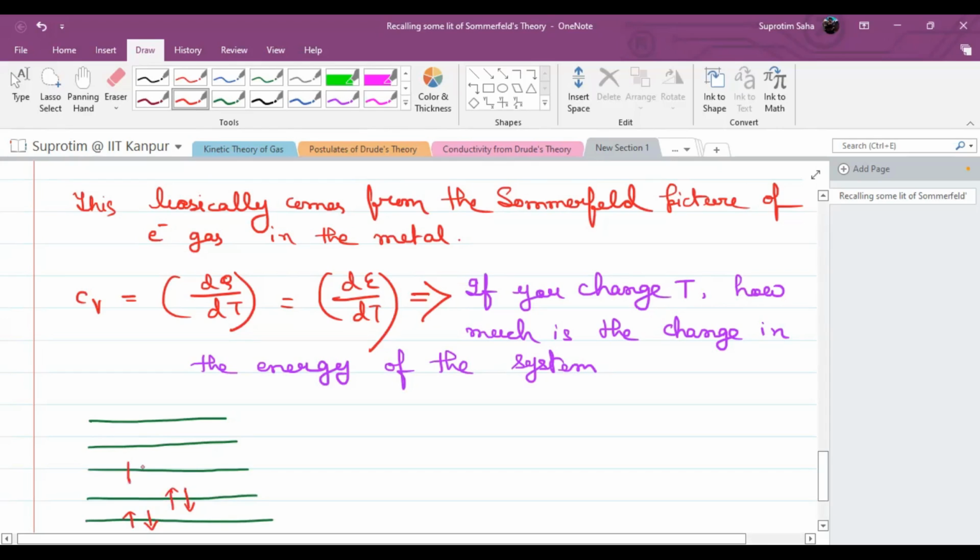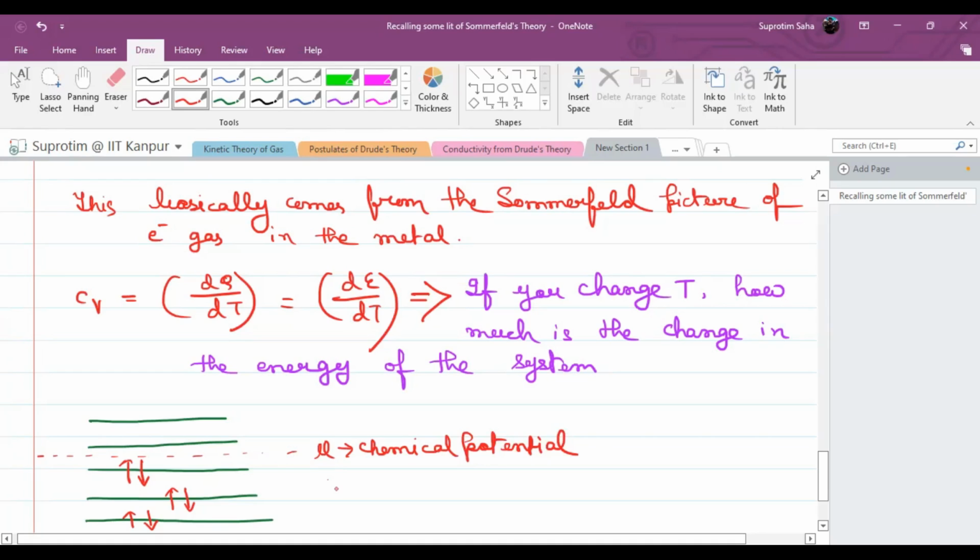Let's say it's filled up to this point. So the Fermi energy will be up to this level. This is U. All right. So this is the chemical potential.